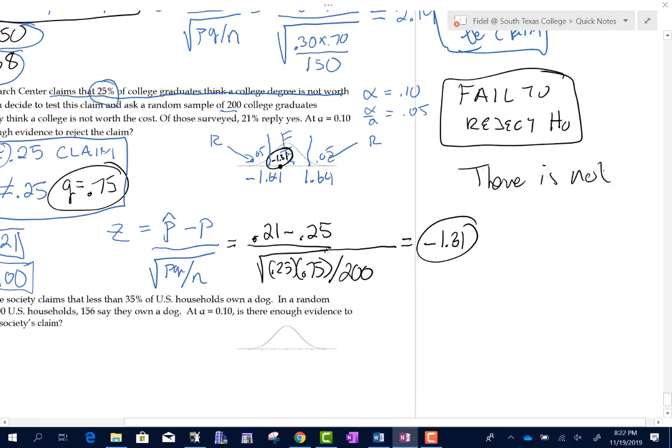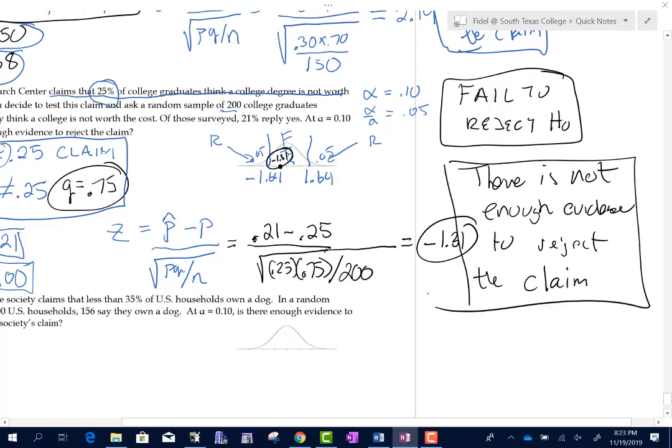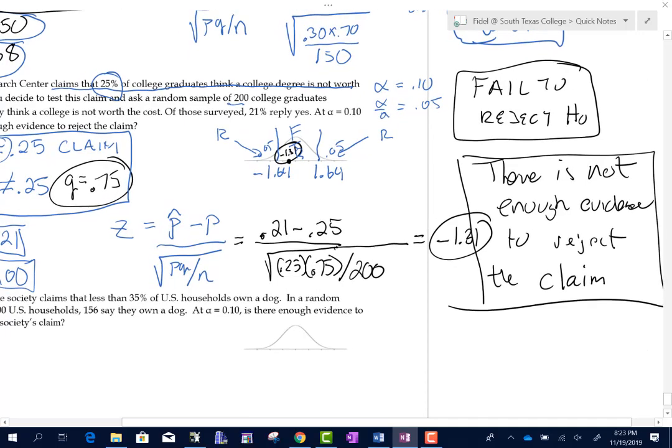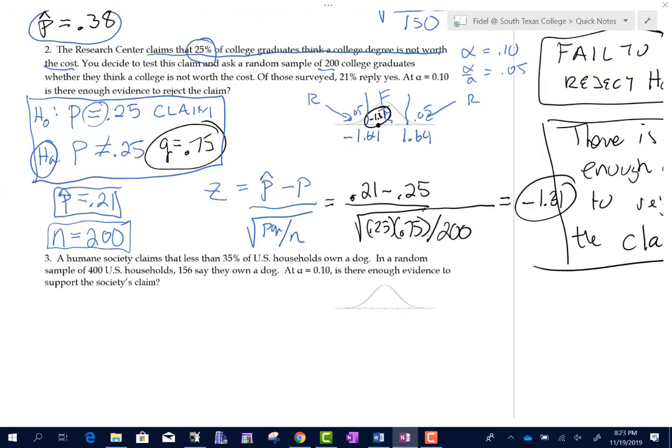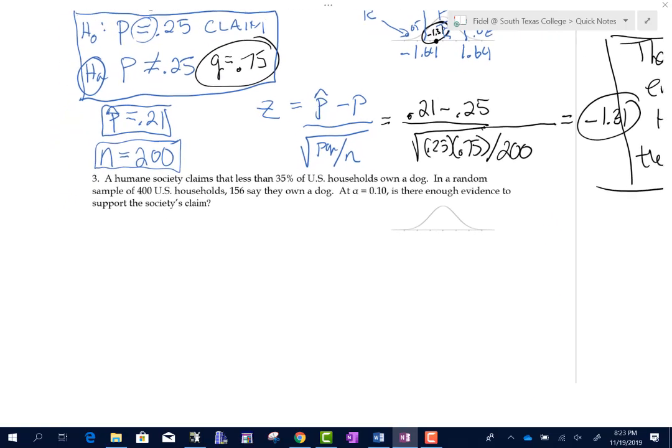There is not enough evidence to reject the claim. So far, so good? All right, good.